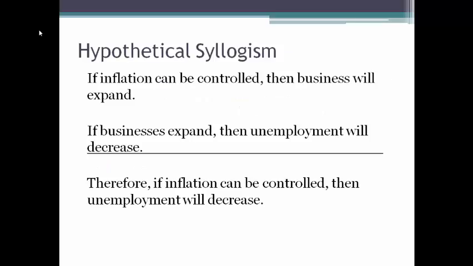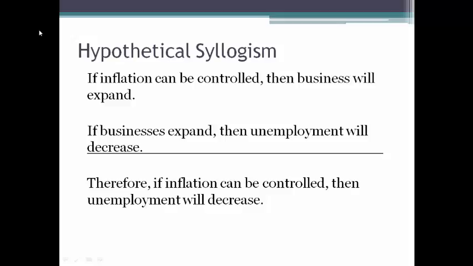The first one is the hypothetical syllogism. And here's an example. It's a two-premise argument in which both premises are conditionals. In this example, the first premise is: if inflation can be controlled, where "inflation can be controlled" is the antecedent, then business will expand, where "business will expand" is the consequent.